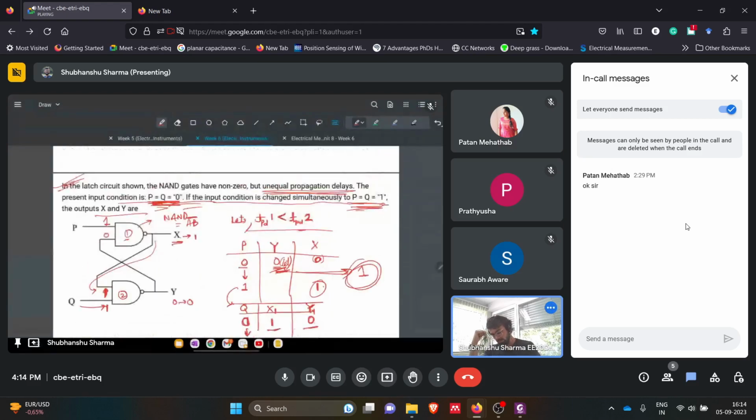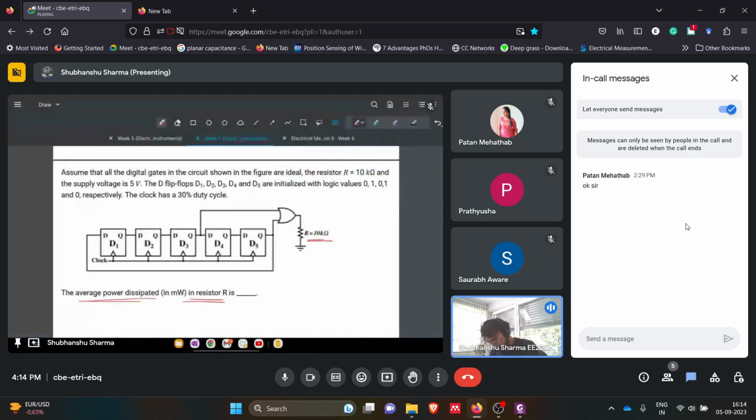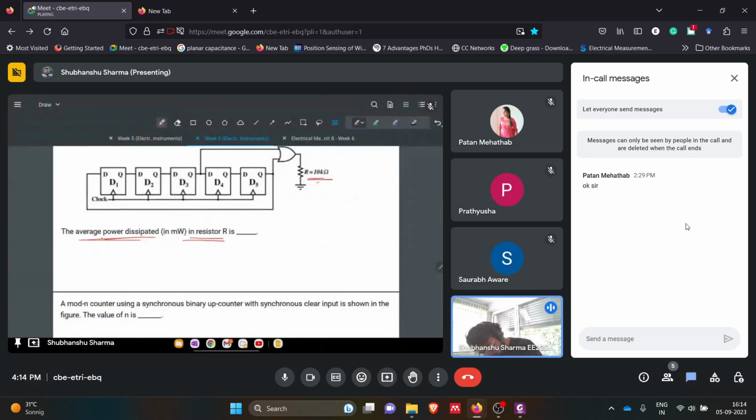Assume that all the digital gates in the circuit shown in the figure are ideal. The resistor R equals 10 kilo ohms and the supply voltage is 5 volts. These D flip-flops are initialized with logic values 0, 1, 0, 1 and 0 respectively. The clock has a 30% duty cycle. Now we have to calculate the average power dissipated in resistor R.